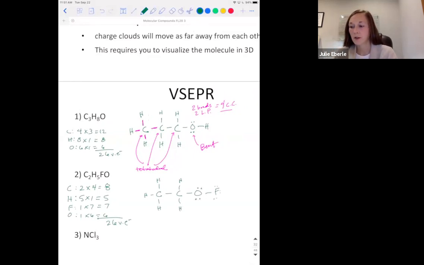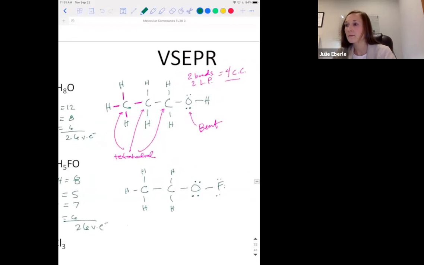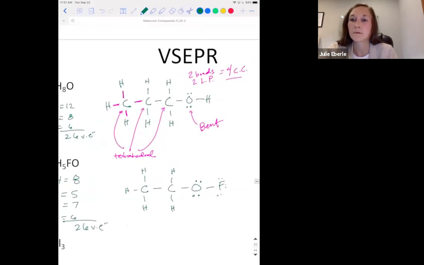Make sure you put the lone pairs on. So that's what I drew. And I counted up 26 electrons on there between the bonds and the lone pairs. If you forgot how to count those, remember every bond is 2 electrons. So 2, 4, 6, and so on and so forth.